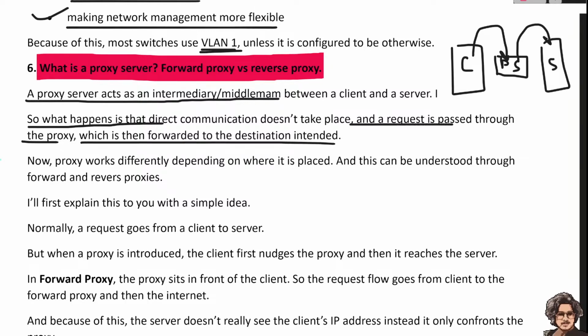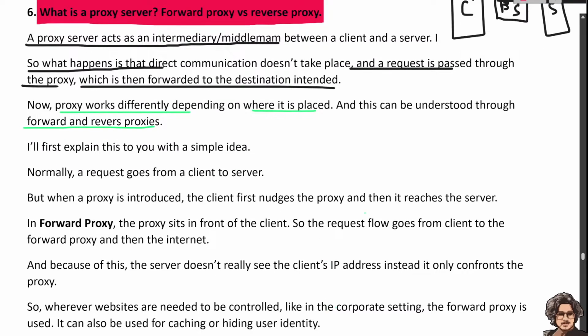Now, a proxy works differently depending on where it is placed, and this can be understood through forward and reverse proxy. First, a simple idea: normally a request goes from the client to the server.